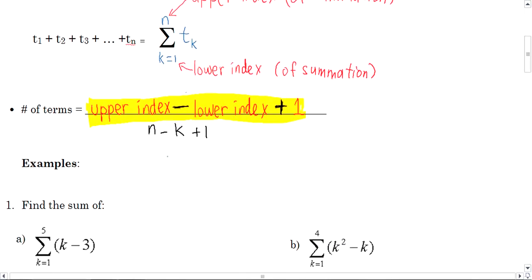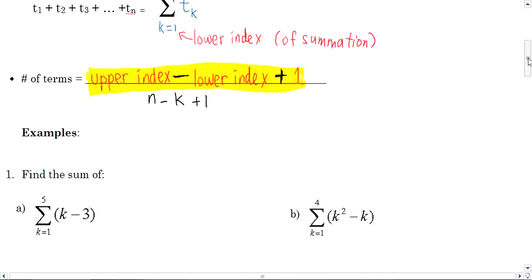I don't think you should memorize this and use it always. Just memorize the formula upper index minus lower index plus 1. Whatever is on top of the sigma, you take that number, subtract the lower index, and then add 1. Because n minus k plus 1 can be a little bit confusing, I wouldn't go by that. Alright, let's move on to some examples.